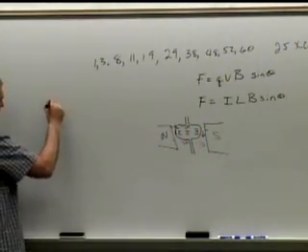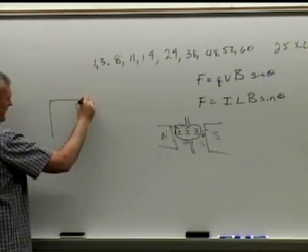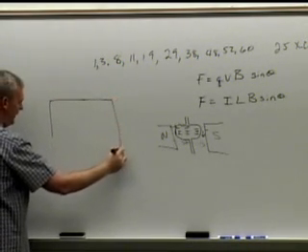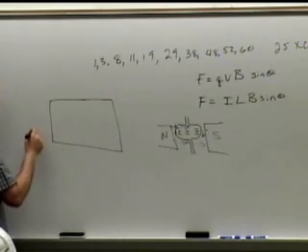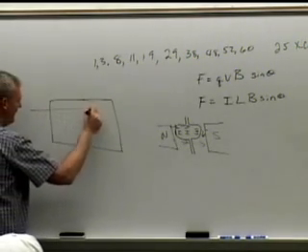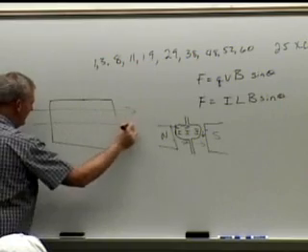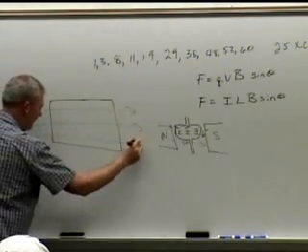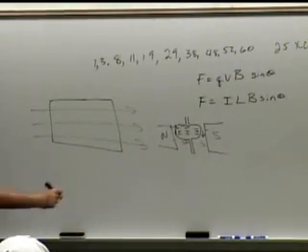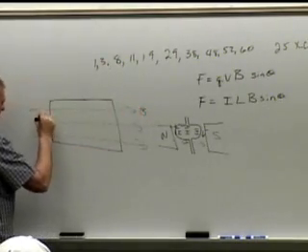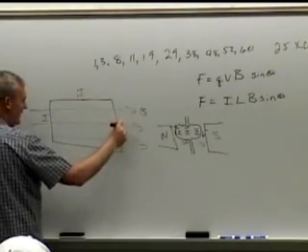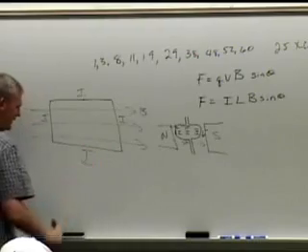Let's just look at a square wire that's in the middle of a magnetic field that's going like this. This looks like a homework problem. And we've got the same I here, same I here, same I here, same I here.